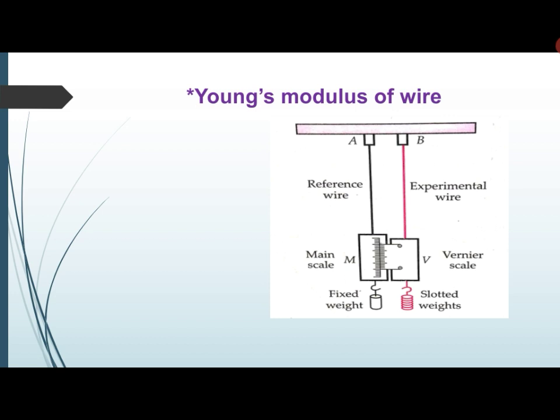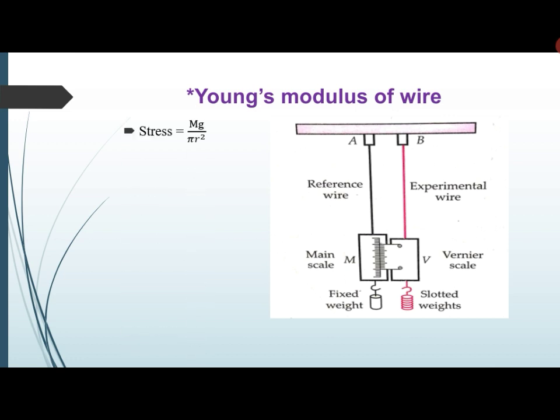Now the weight is further increased, again we are adding a further half kg, and again we are observing the vernier scale reading. Every time we add weight on this hanger, we observe the reading on the vernier scale. Then what are we observing here?